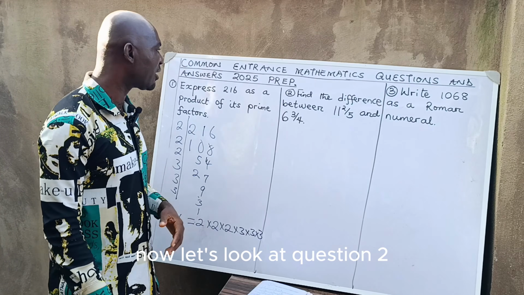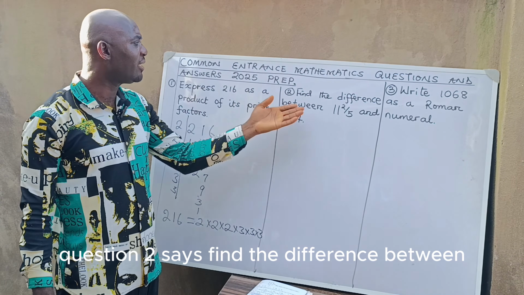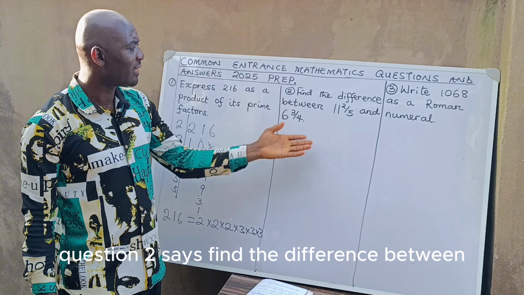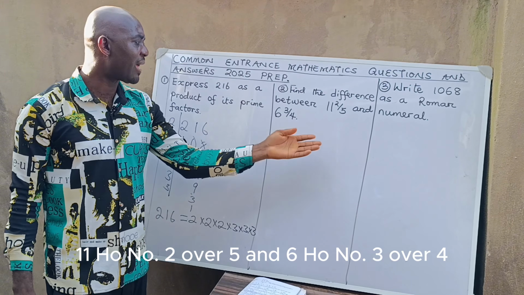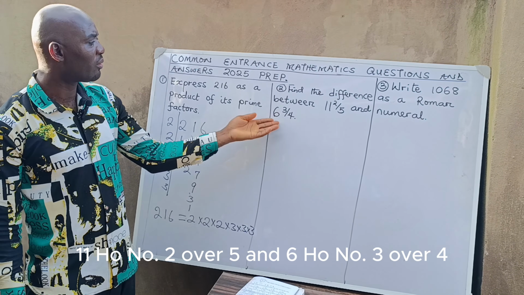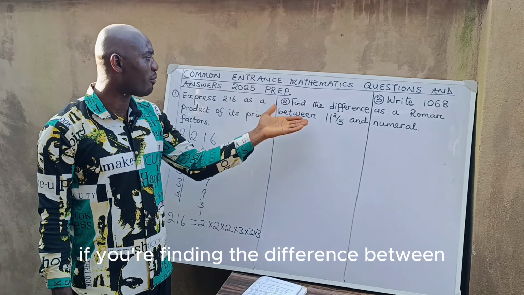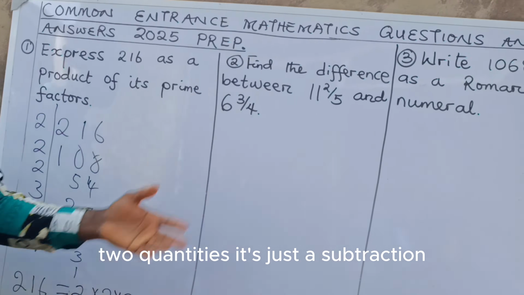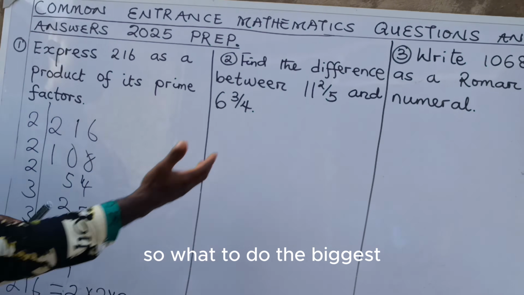Now let's look at question 2. Question 2 says, find the difference between 11 whole number 2 over 5 and 6 whole number 3 over 4. In mathematics, if you're finding the difference between two quantities, it's just a subtraction. So what to do?